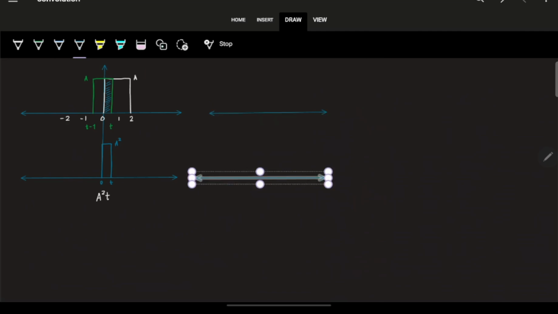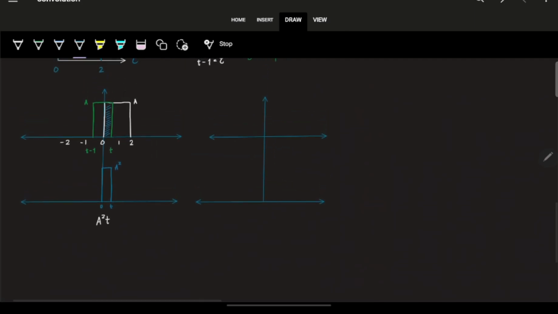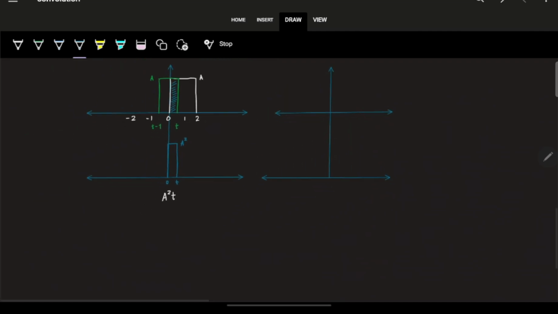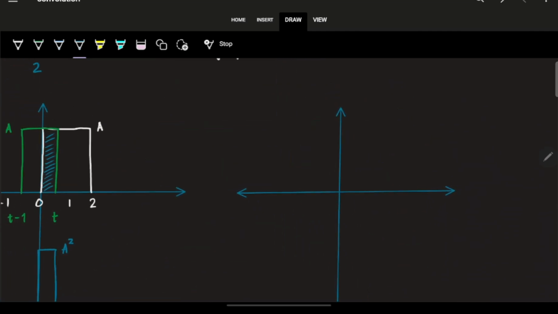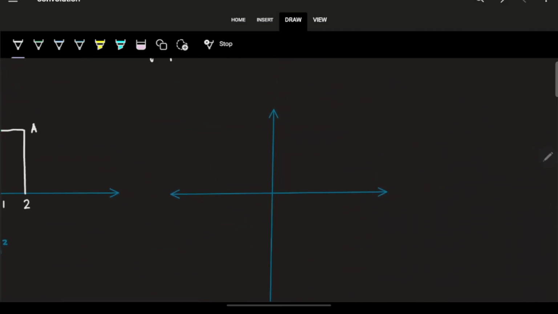Ayan. Okay, so we have here our time graph na. So, let's redraw our original signal, yung white signal natin, kasi siya yung stationary signal natin na hindi gumagalaw. So, 0, 1, 2, negative 1.